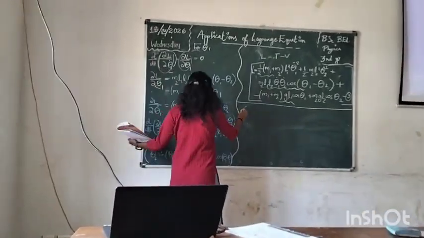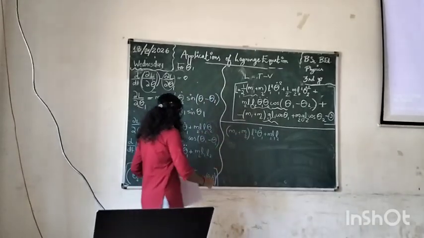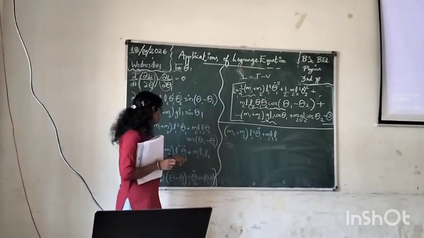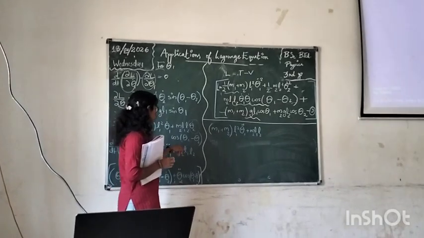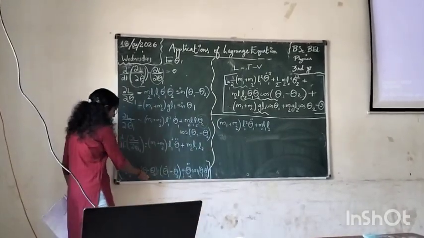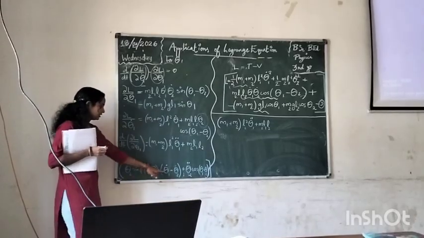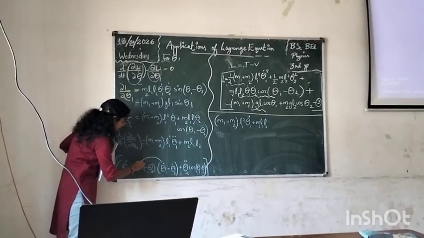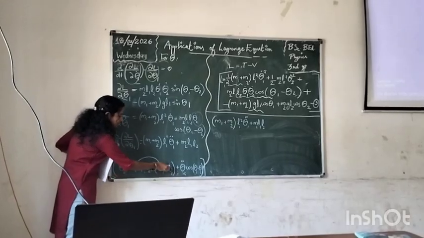So we are expanding this term. So we have m1 plus m2 L1 square theta 1 double dot plus we are expanding these terms. So for this we will be doing theta 1 dot into this plus theta 2 dot into this.